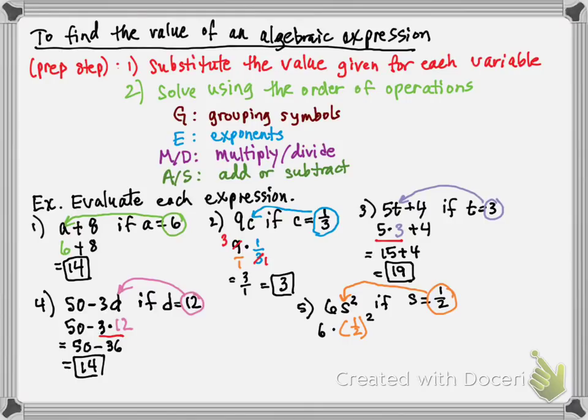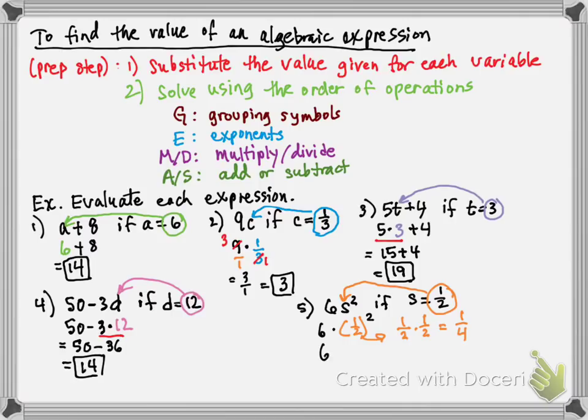Okay, so let's deal with a component of this off to the side. What does it mean to square 1/2? Remember what exponents mean? It means to multiply, and the exponent of 2 means you're going to have 2 halves. So I'm going to multiply straight across, and I get 1 times 1 over 2 times 2, and I get 1/4.